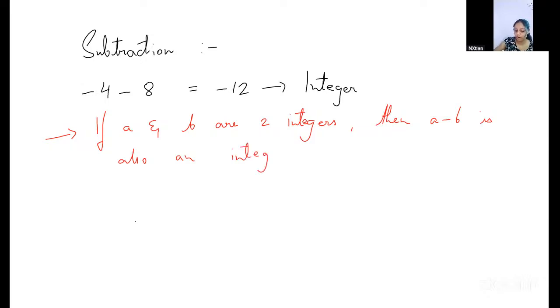This is the first property. Don't write right now.